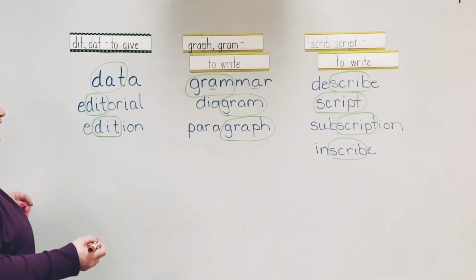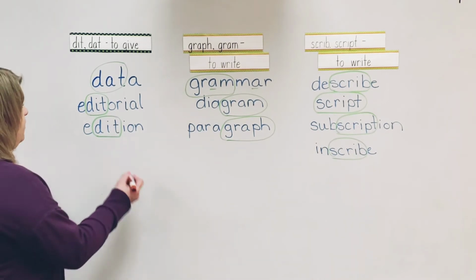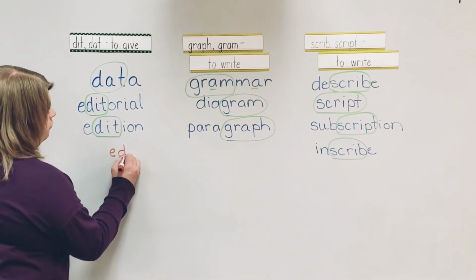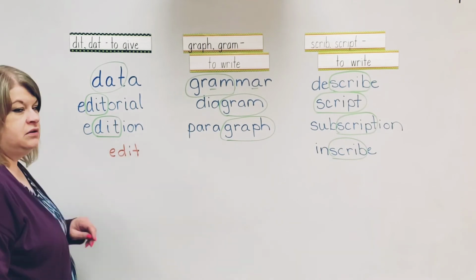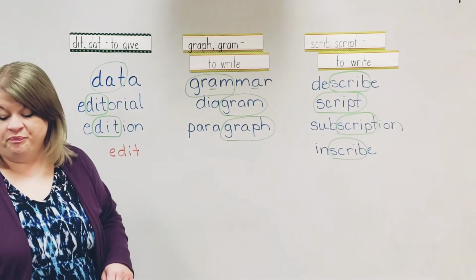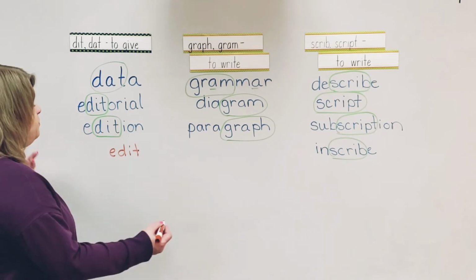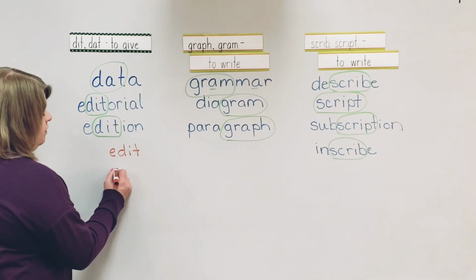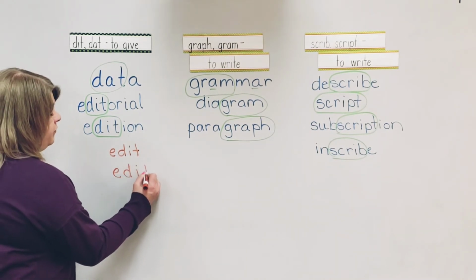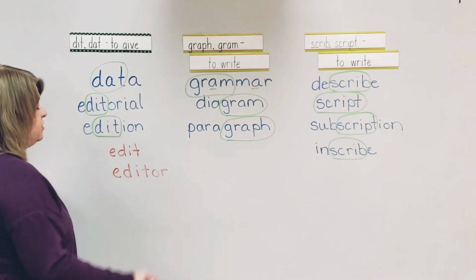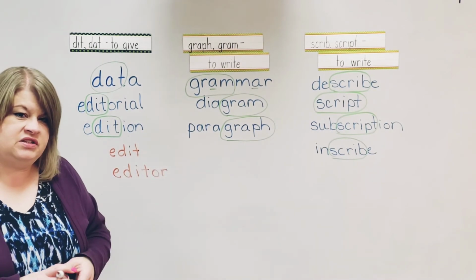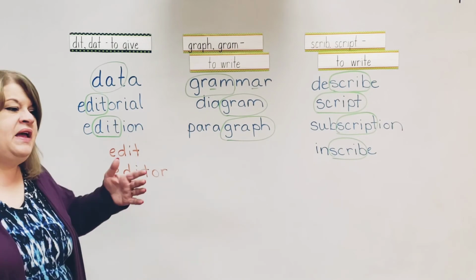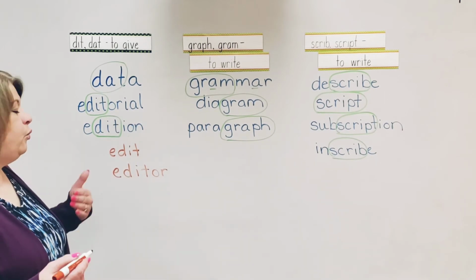So I went ahead and looked in the directions and saw that there was the word edit. You could have written that one, couldn't you? And then who is the person that does the editing? That would be the editor. An editor is someone who makes corrections throughout the newspaper or throughout whatever you're doing, whatever you're writing.